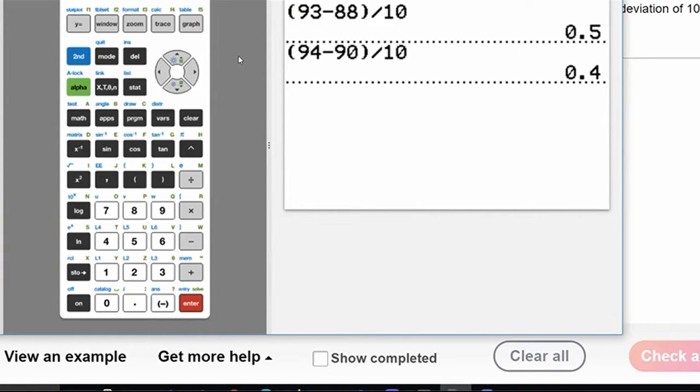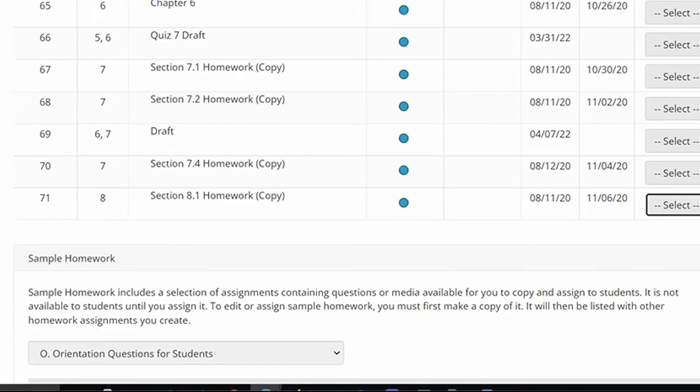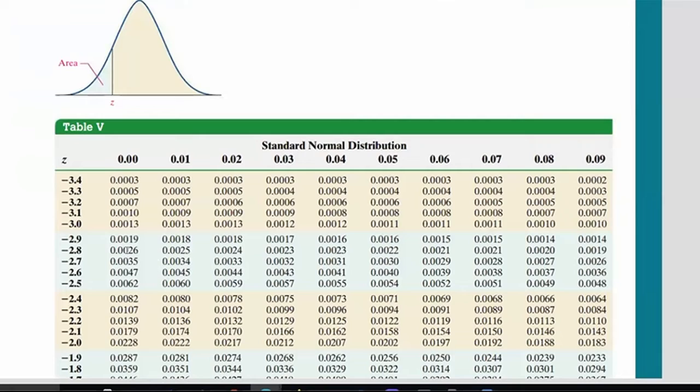And as I was showing in that graph, our shading is going to the right when table 5 is set up for going to the left. So let's see here. Looking up 0.4. All right, 0.4.